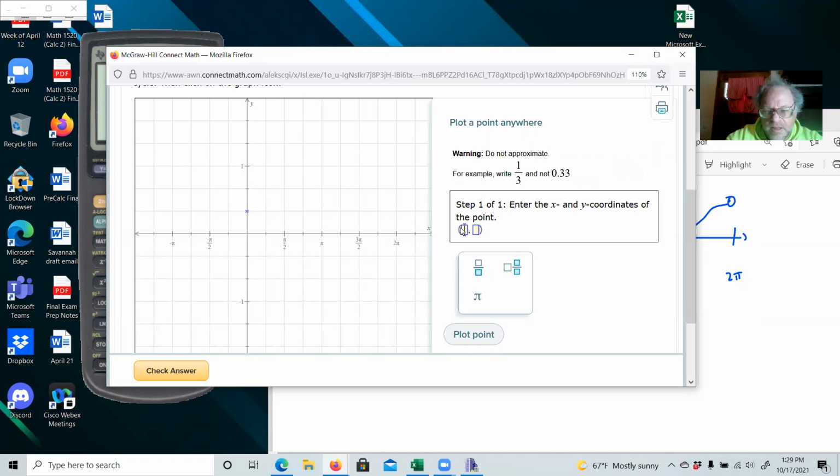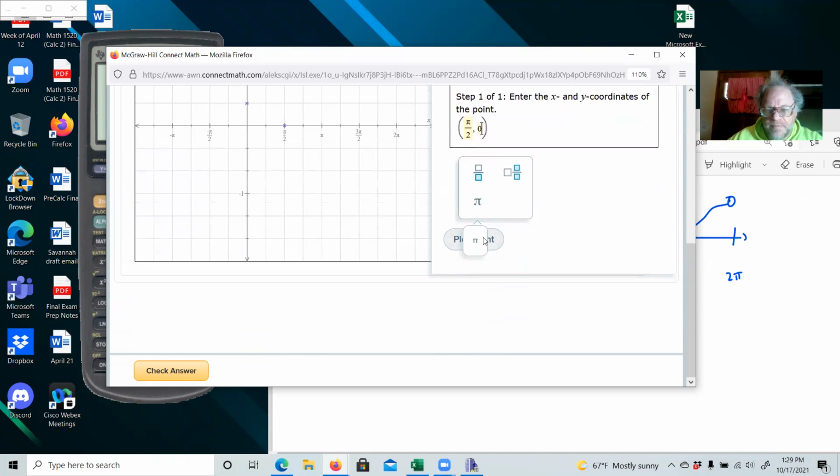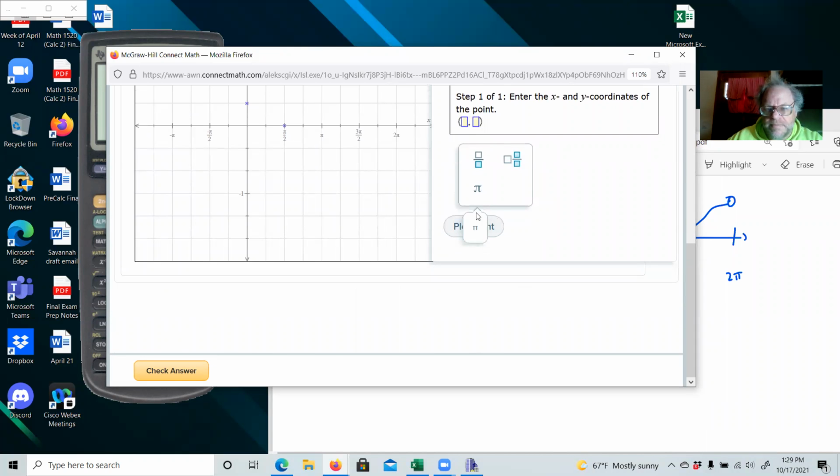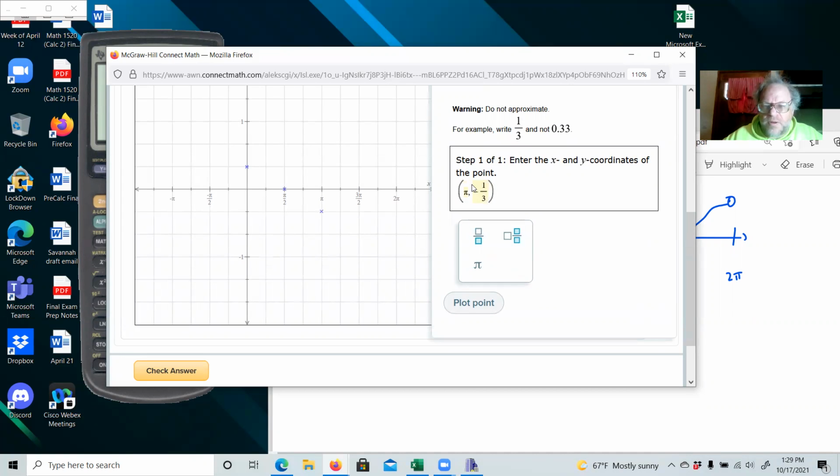Can we do pi? No, we want this pi. So pi over 2 and 0. Okay, plot the point. Okay, next one, we're going to be at pi, and it's going to be at negative 1/3.